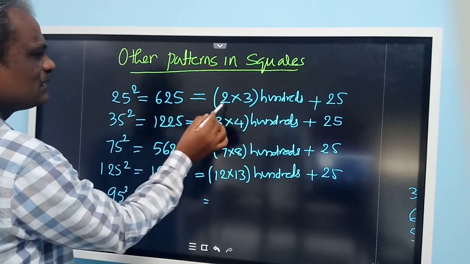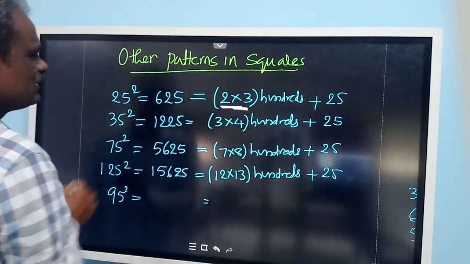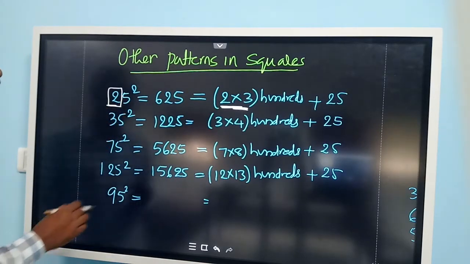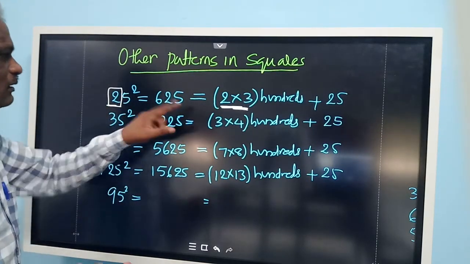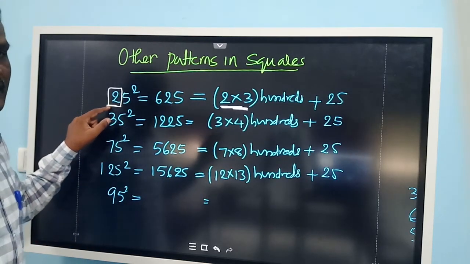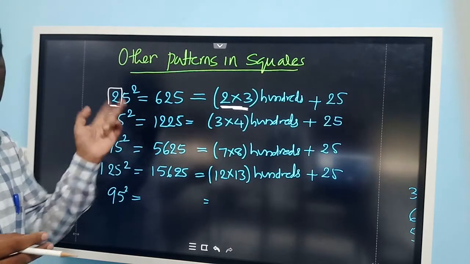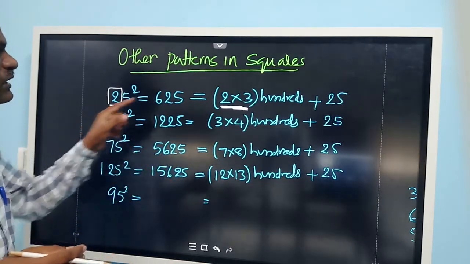How do you get this 600? Just by multiplying 2 and 3. Look at the first digit, 2. Add 1 to it and you get 3. Multiply 2 and its next consecutive number, 2 3s are 6, then 25.